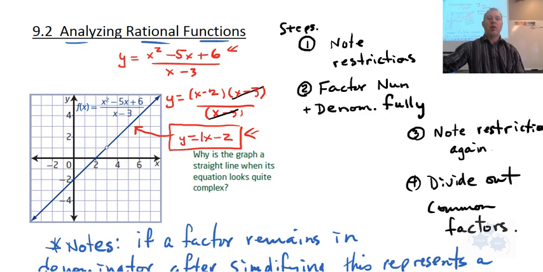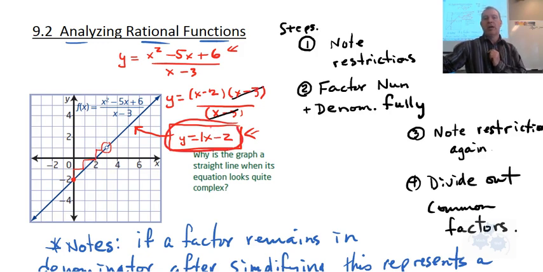It has a slope of 1 and an intercept of negative 2. So start at negative 2, go up 1, over 1, up 1, over 1, up 1, oh! But we have this little gap here, and we talked about this before as well, sometimes when we have restrictions for x. The reason why this looks like a straight line is because of the simplified version of this rational function.